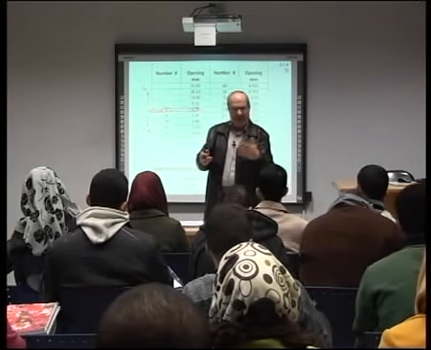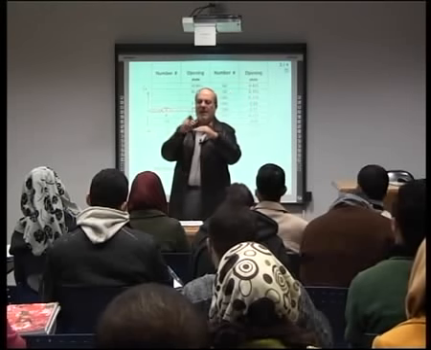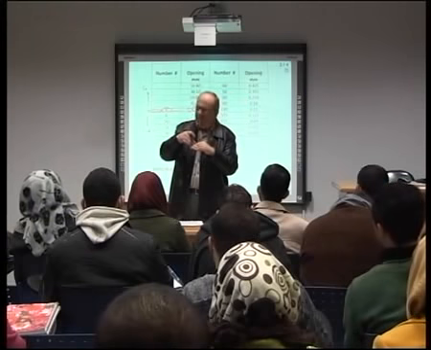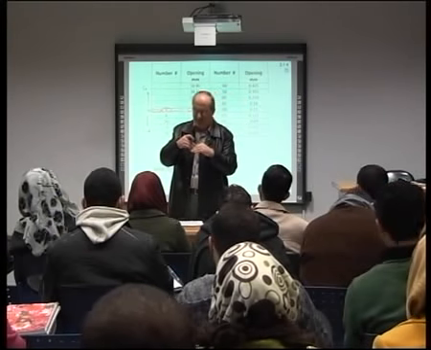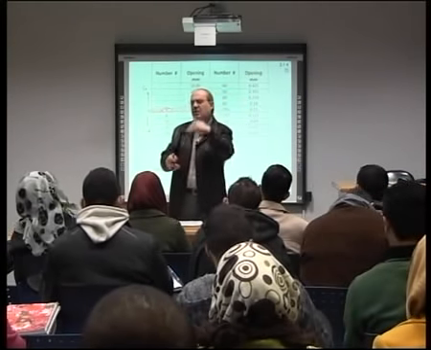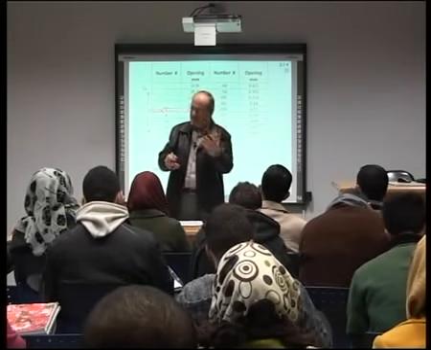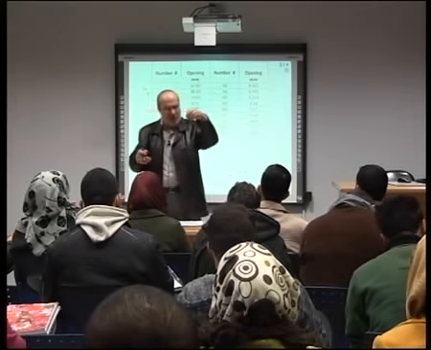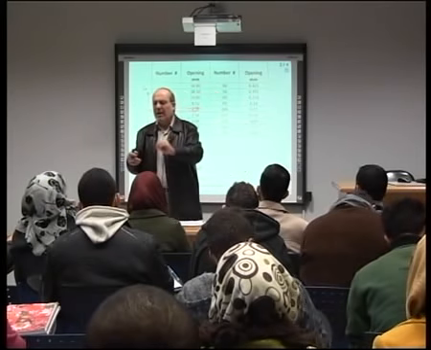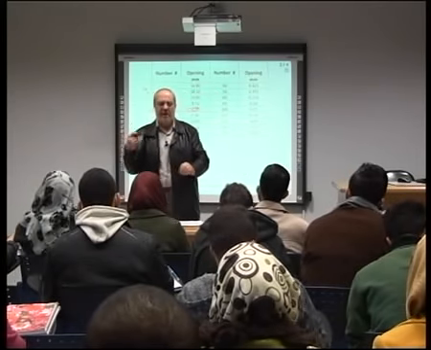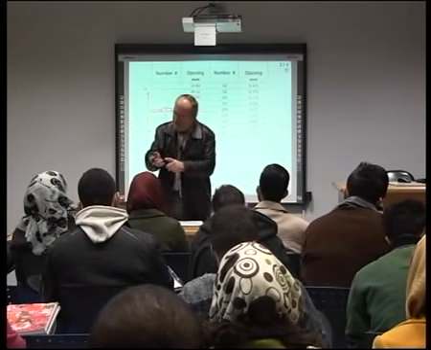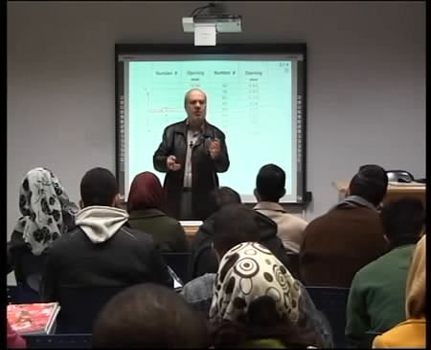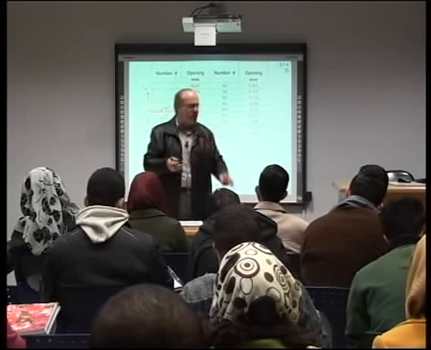Any particle that doesn't go through number 4 is gravel, because it's bigger than 4.75. Any particle that goes through number 4 is sand, and maybe silt, and maybe clay, because it's smaller. Get it?